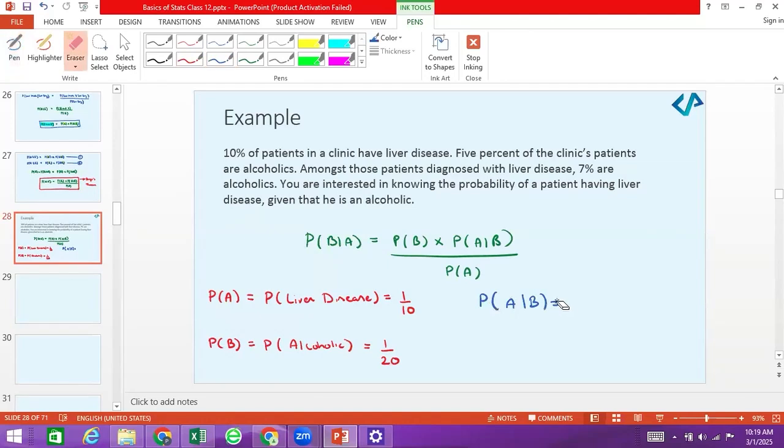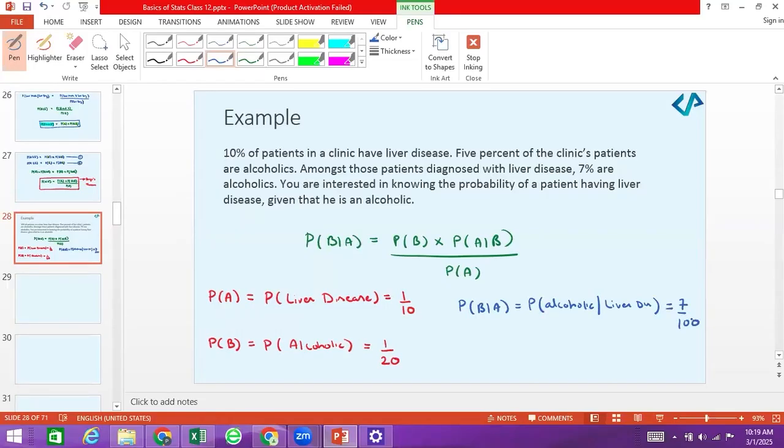B given A. Probability of B given A, that is probability of being alcoholic, given that you have liver disease, is how much? 7%. That is 7 by 100.